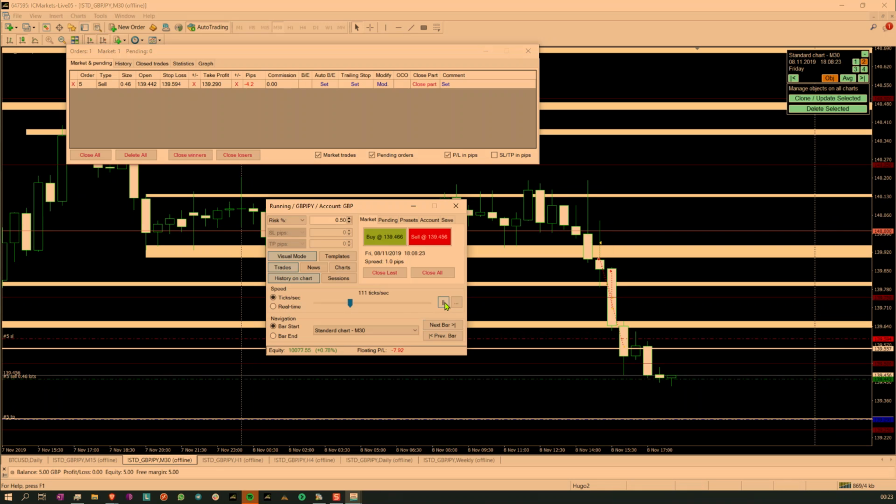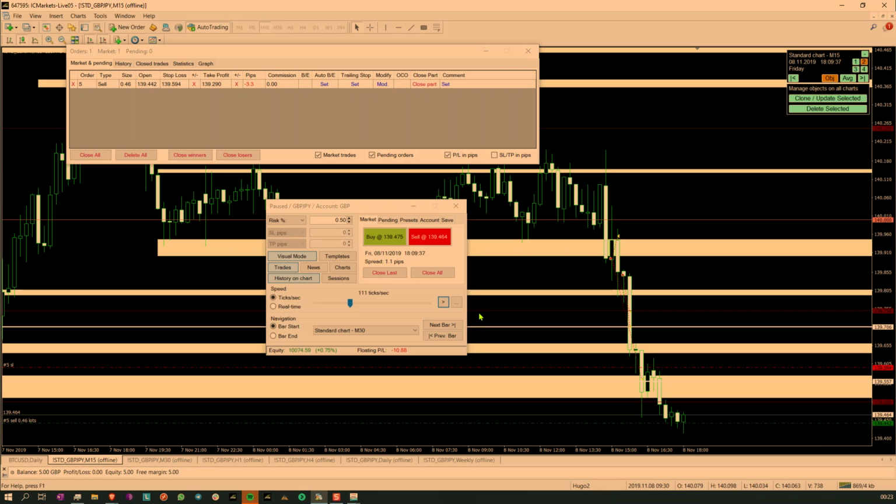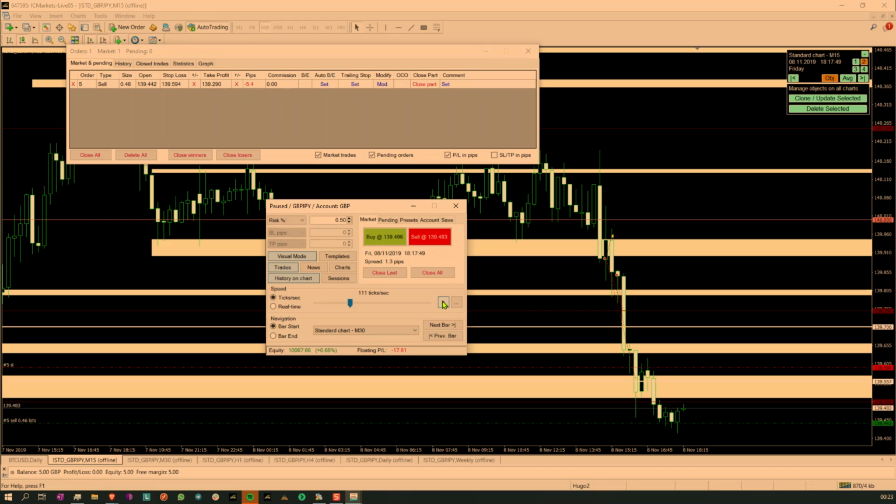Oh, it almost didn't move in that candle. I don't like that. So let's manage the trade here. This is a bullish 15 minutes.